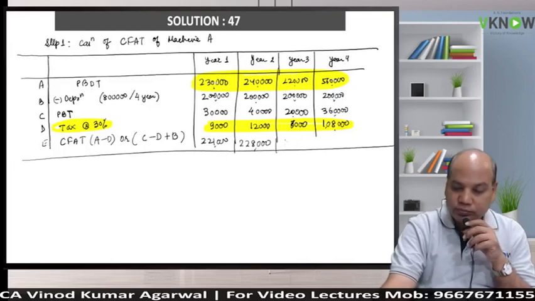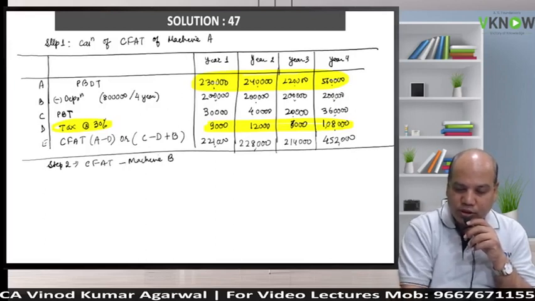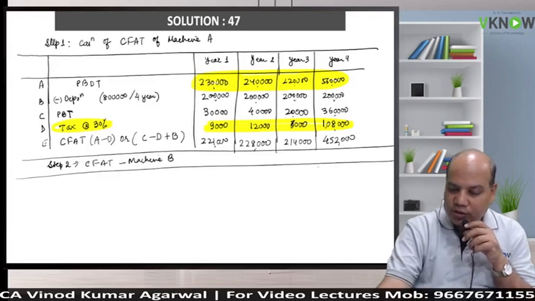Next one, 2,28,000, 2,14,000. Last one, 4,52,000. Now write step 2, same thing. CFAT of machine B. Keep understanding, keep writing.